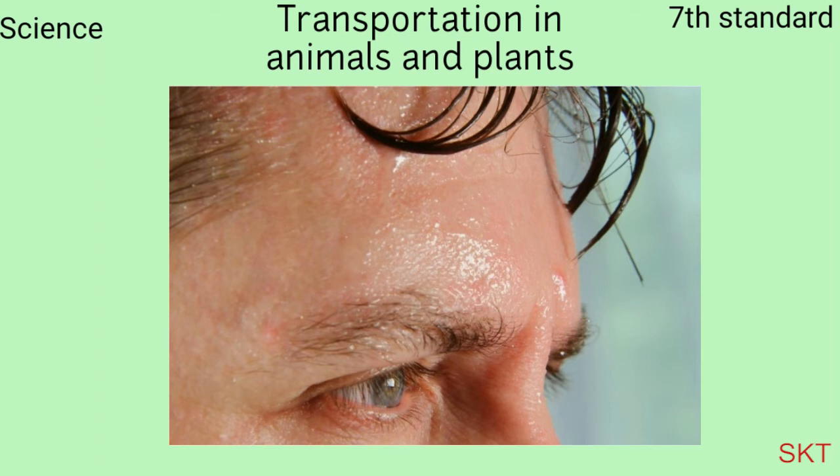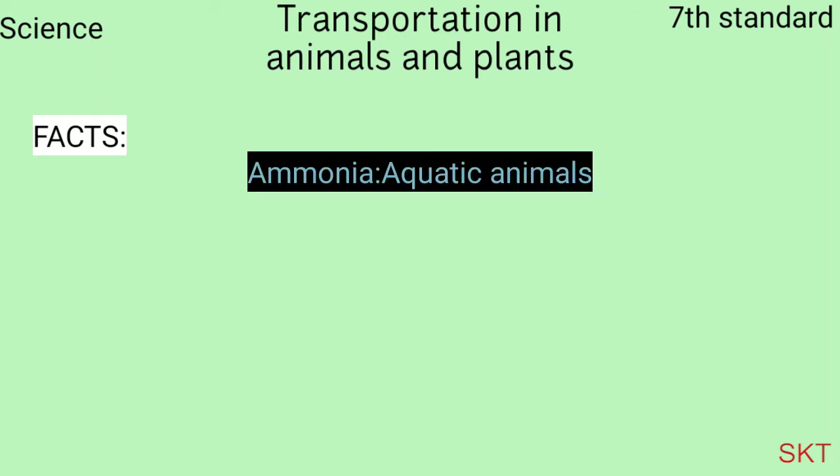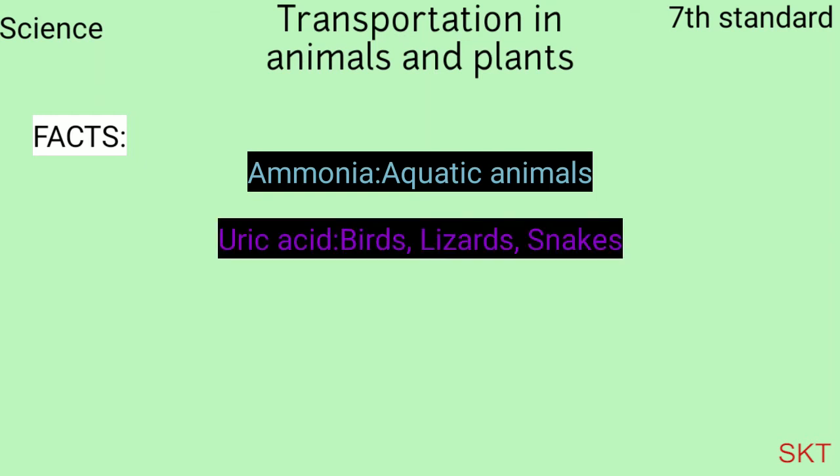Diversity is a common thing in our nature, and that's why most of us are attracted to it. Here are some facts. Aquatic animals like fishes excrete waste as ammonia, which directly dissolves in water, and some land animals like birds, lizards and snakes excrete a semi-solid white-colored compound that is uric acid, and we human beings excrete urea as the excretory product.